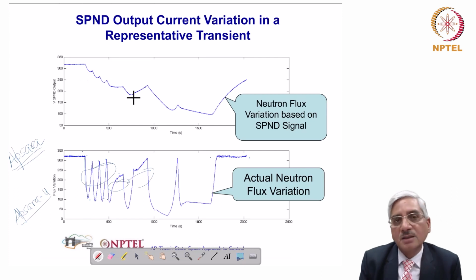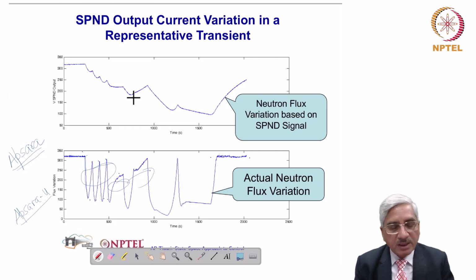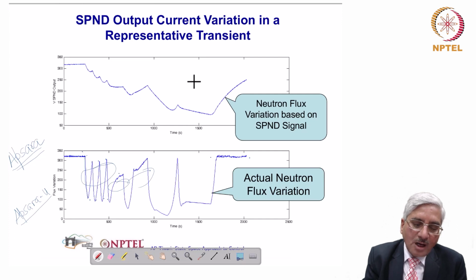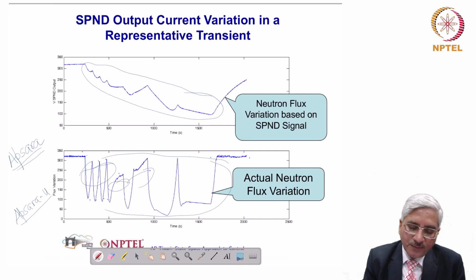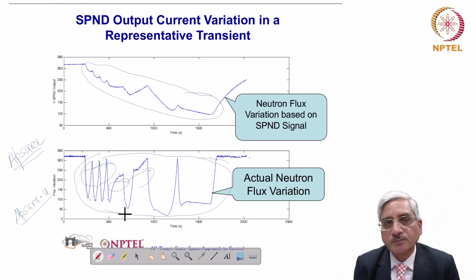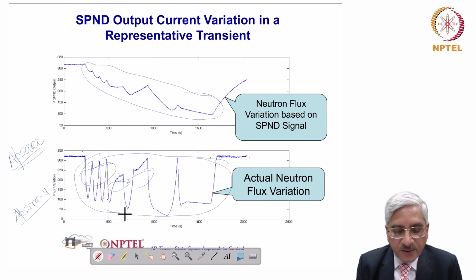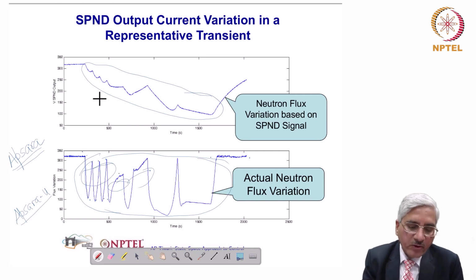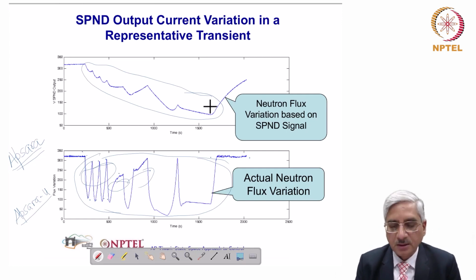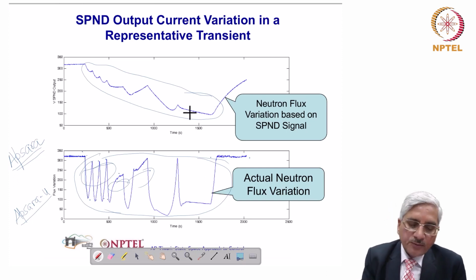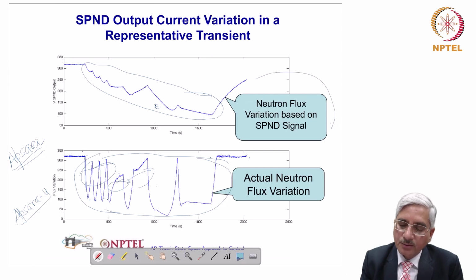Because of the large delay of the order of 5 minutes, the output of the vanadium SPND is very smooth, a smoothed version of the actual neutron flux variation, because of the huge delay. If it was prompt, it would have shown the same waveform in its signal. So this is what we want to do. We want to design the Kalman filter so that from this one, we get this one.